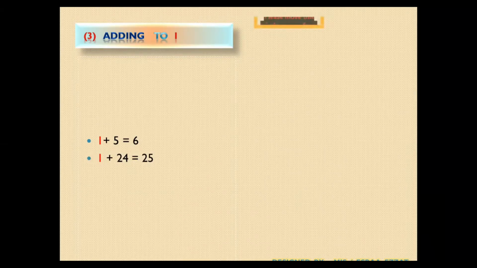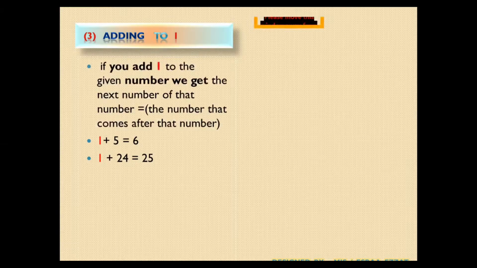The third fact in our lesson is adding to 1. 1 plus 5 equals 6. 1 plus 24 equals 25. Do you notice anything here? Yes. We notice that if you add 1 to the given number, we get the next number of that number, or we get the number that comes after that number.